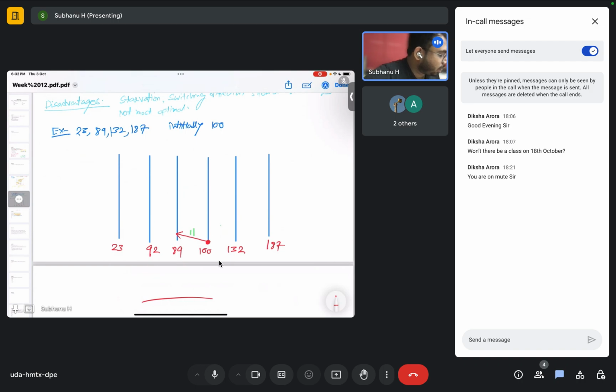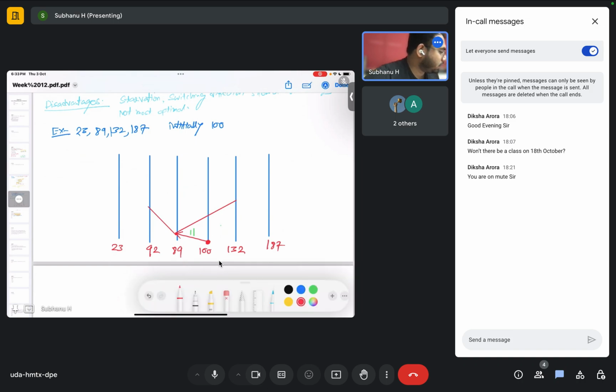I'll be going from 89. How many options do I have from 89? I can go to 42, and I can go to 132 also.